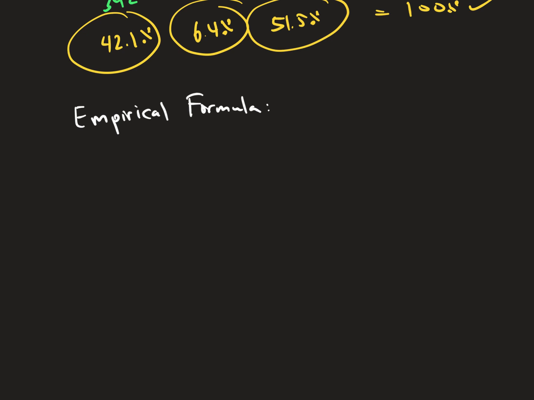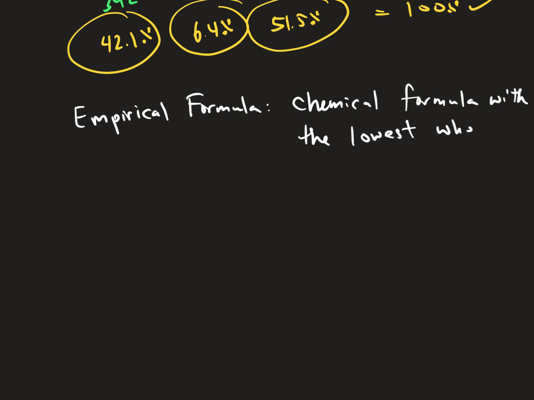An empirical formula is the chemical formula with the lowest whole number ratio of elements. What does that sound like?